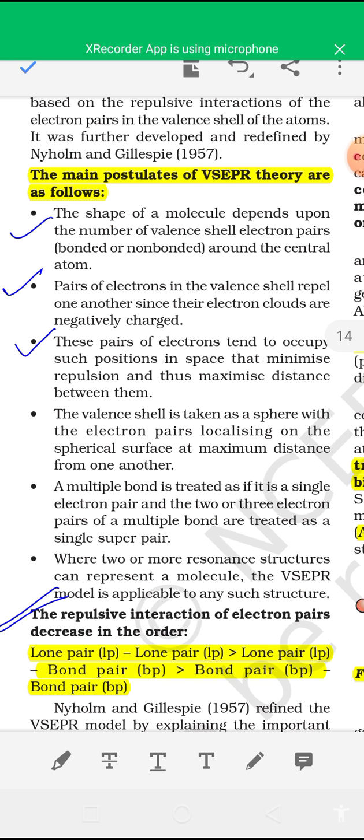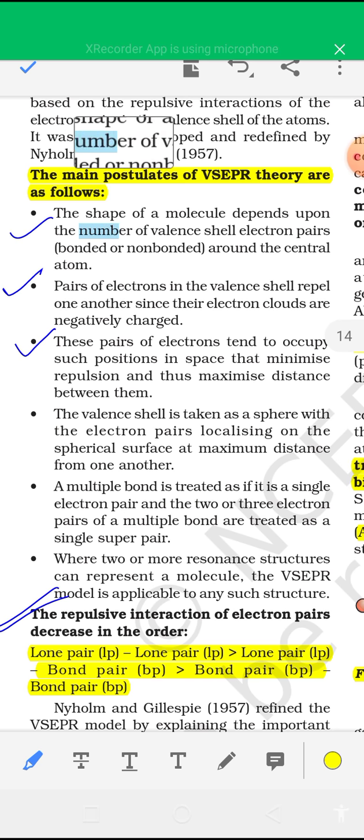According to this theory, the shape of a molecule depends upon the total number of valence shell electron pairs, that is, bond pairs plus lone pairs, bonded and non-bonded electron pairs around the central atom.